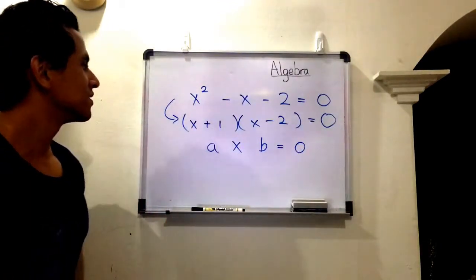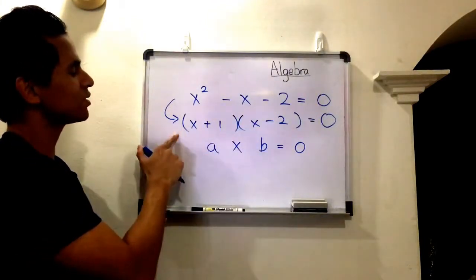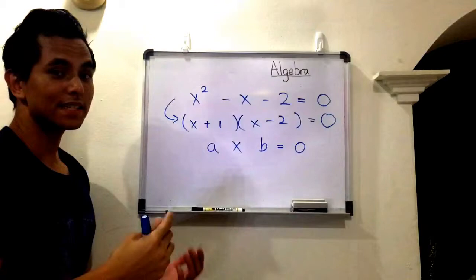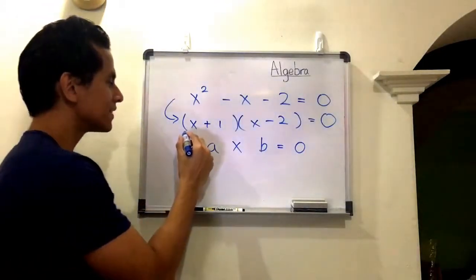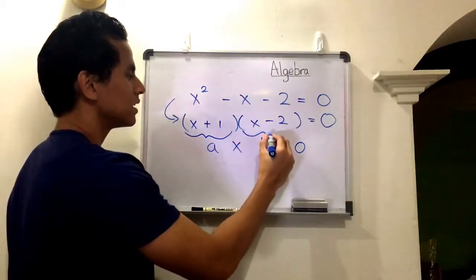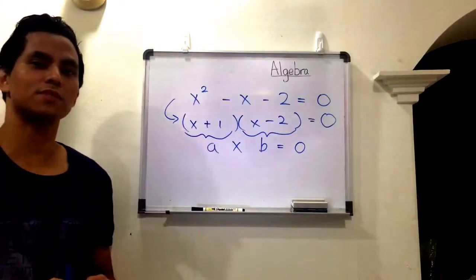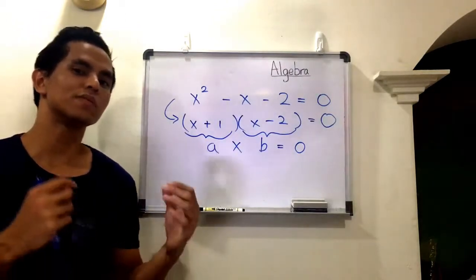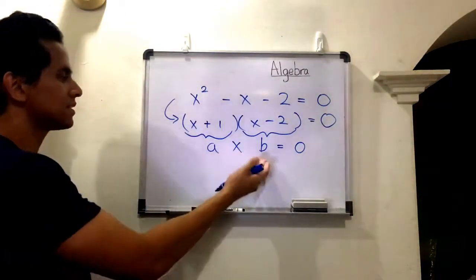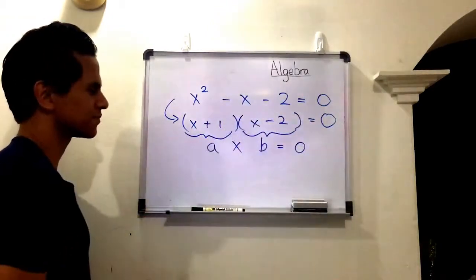Hold on. Let's see what happens. Isn't this pretty similar to this? Yes, it is. Why? Because if I take this whole chunk as our A and this whole chunk as our B, isn't it very similar now? Yes, it is. So with this knowledge, we're going to apply this to our quadratic equation here.